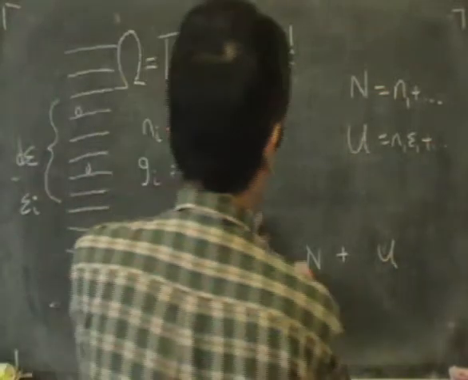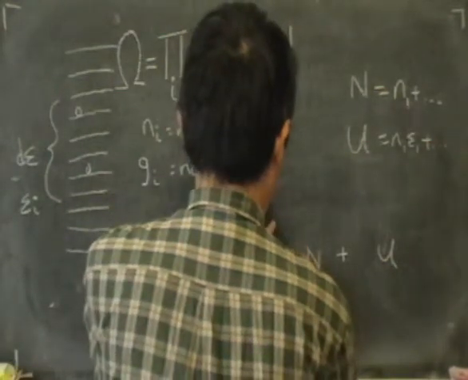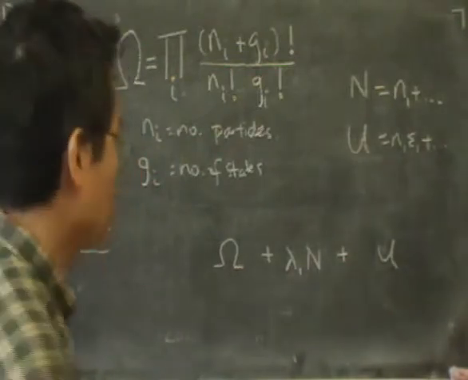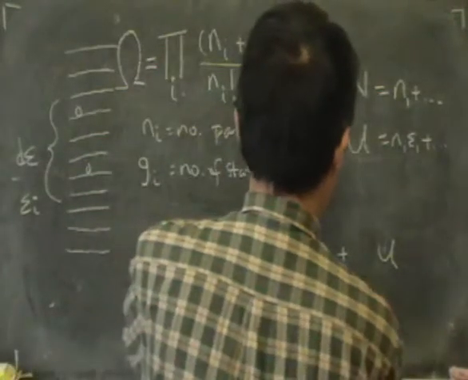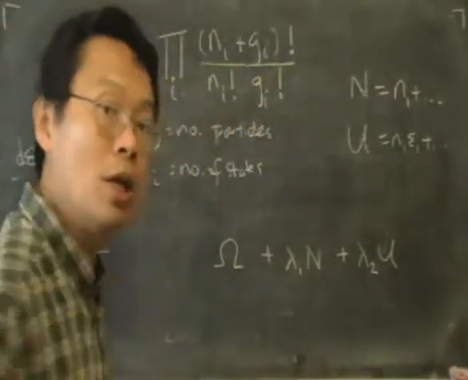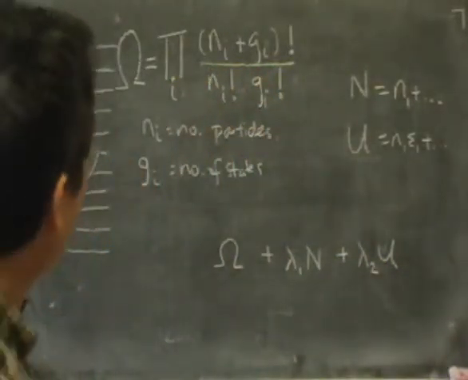And for each constraint, we need to multiply by an unknown factor called the Lagrange multiplier, which we call lambda 1 for n, and lambda 2 for u, just like I did for the Boltzmann distribution.